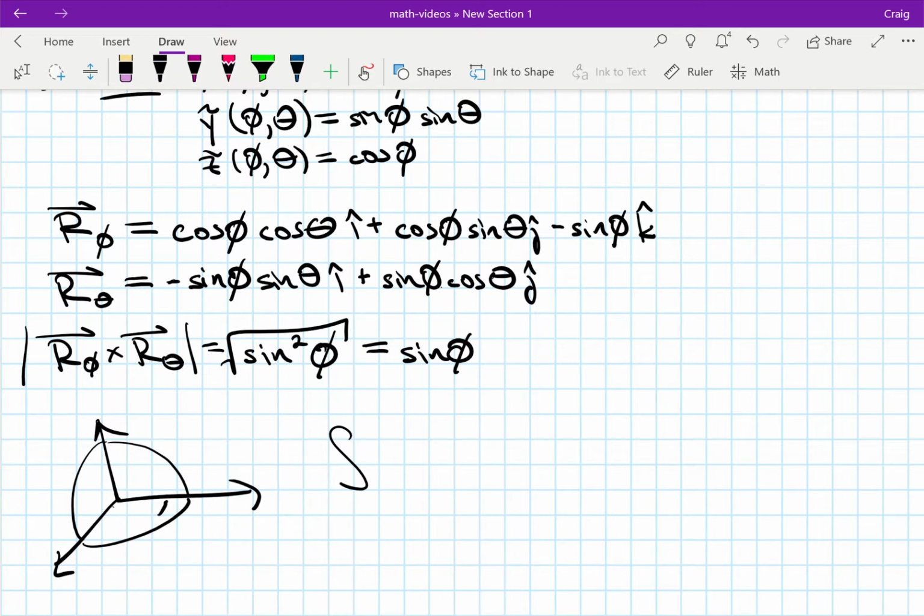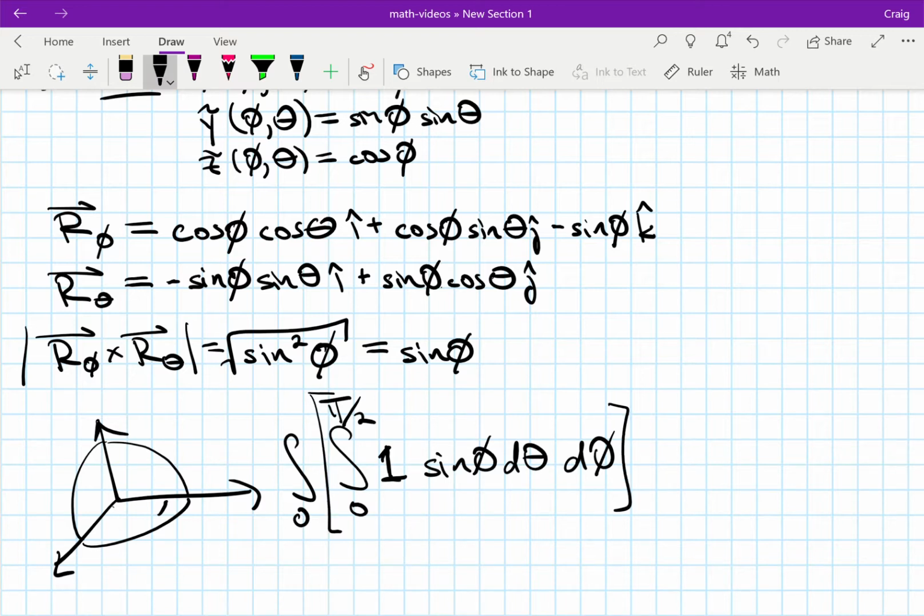So if I want the area, I'm just integrating 1, and then my measure of integration is sine phi d theta d phi, with theta going from 0 to pi over 2, and phi also going from 0 to pi over 2.